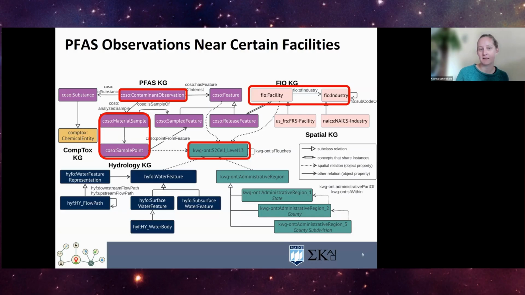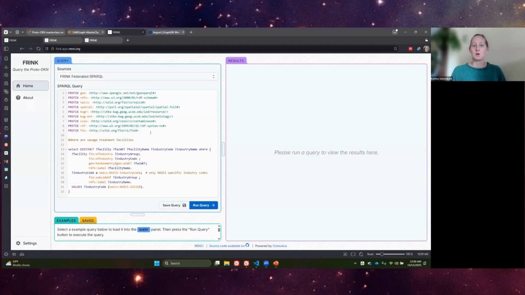In the facilities and industry graph, we want to start by finding facilities based on their industry. And then connecting through the spatial information, particularly this grid of spatial information that we have in S2 cells, we then find observations, specific samples that were taken near those facilities. So this is really a spatial question.